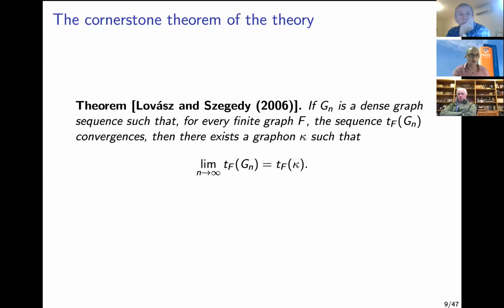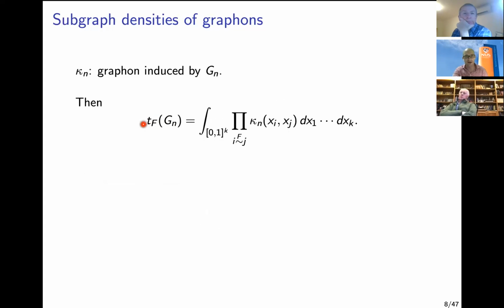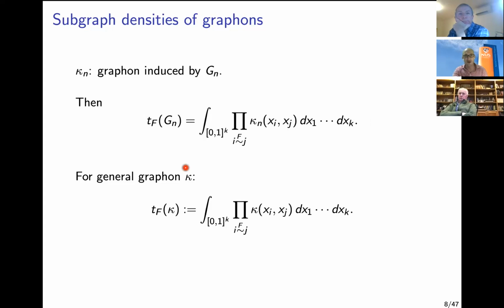All right, and so what's the cornerstone theorem of this dense graph limit theory? That's what Lovász and Szegedy in 2006 proved. If I give you a dense graph sequence, now there's no randomness here at this point, this is deterministic. It's a sequence in this space of graphs, or you can embed it into the space of these functions.